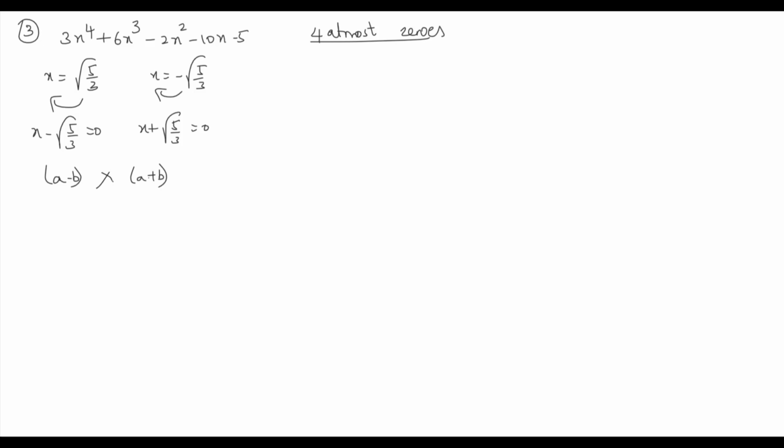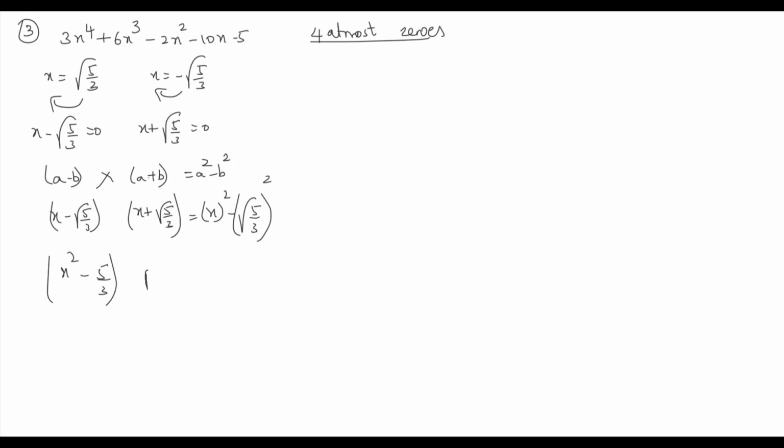That is, multiply a minus b and a plus b, we will get a square minus b square. That is, if you multiply x minus root 5 by 3 and x plus root 5 by 3, we will get x square minus root 5 by 3 whole square. That is, x square minus 5 by 3.